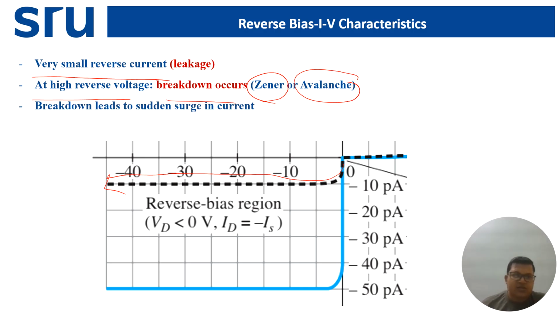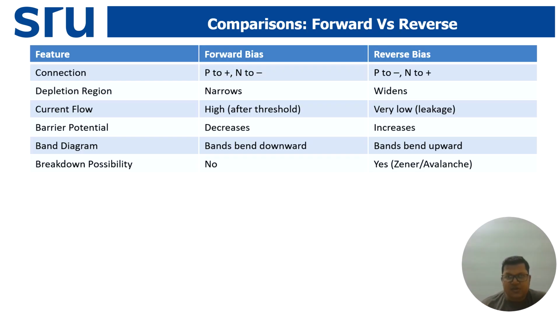And the breakdown leads to a sudden surge in the current. Okay, so let's see if this is the axis. If your saturation current is going like this, suppose this is the breakdown voltage region, and once it comes here it will suddenly start going like this, very much straight. Okay, so this point is called the breakdown voltage.